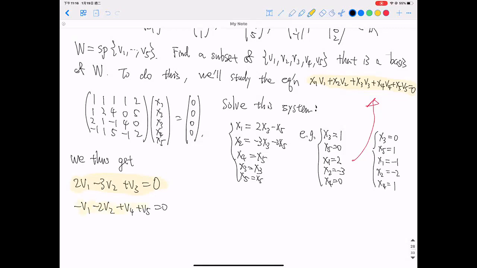Very good. So what are we going to do with this? Just like in the previous discussion, we're going to try to use each of these linear equations to get rid of one vector. So for example, in the first equation, I can get v3 equal to minus 2v1 plus 3v2.